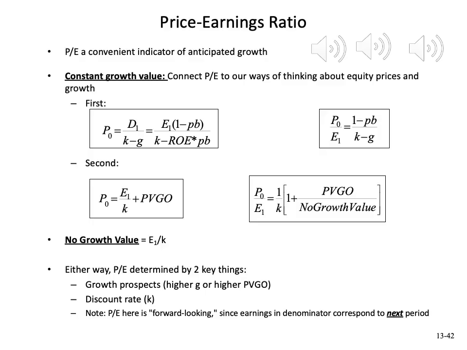Now we are going to write the P/E ratio in terms of our constant growth dividend discount model. We start from the basic model. P0 equals D1 divided by K minus G. Rewrite everything in terms of E, plowback ratio, and return on equity. D1 equals the next period earnings, E1, multiplied by 1 minus the plowback ratio. So 1 minus PB is the dividend payout ratio, divided by K minus G. G is return on equity times plowback ratio.